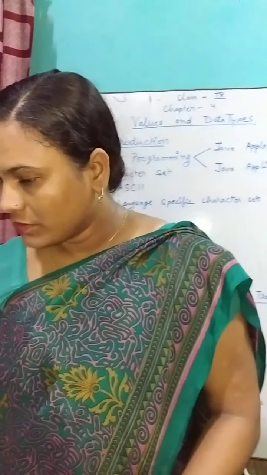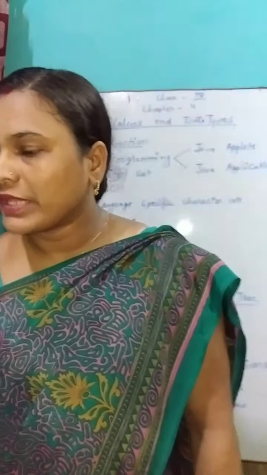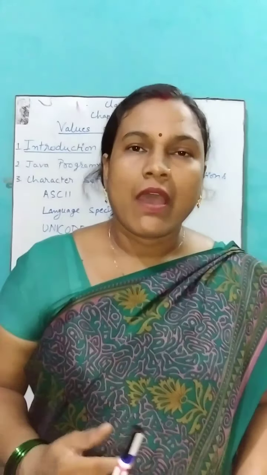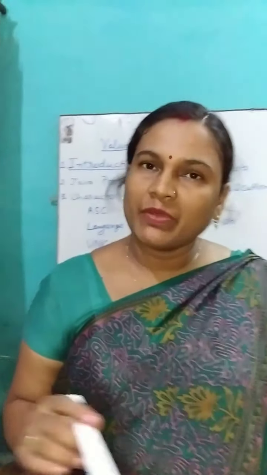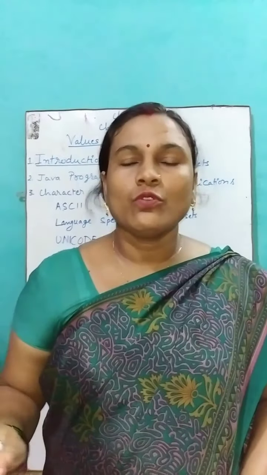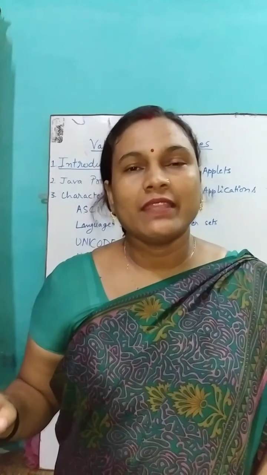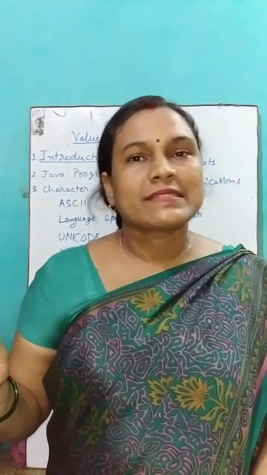Clear? According to character set, ASCII is of two types: ASCII 7 and ASCII 8. ASCII 7 is a 7-bit character set, so it covers 128 characters, like 2 to the power 7. Okay, children? 2 to the power 7 means if you multiply 2 seven times, then that is 128.